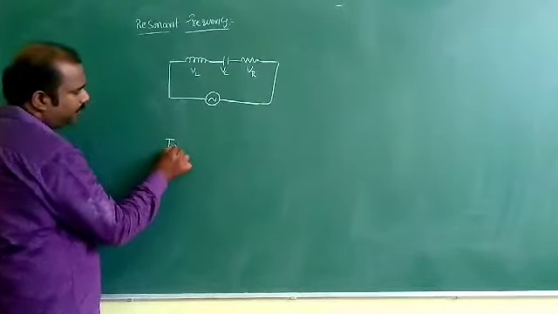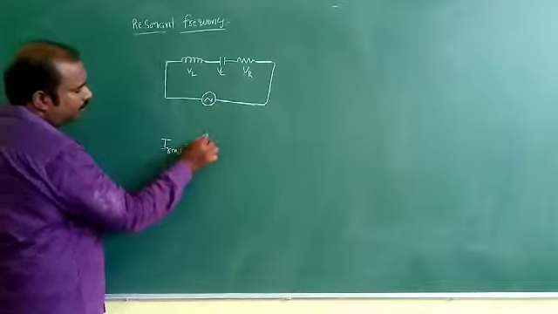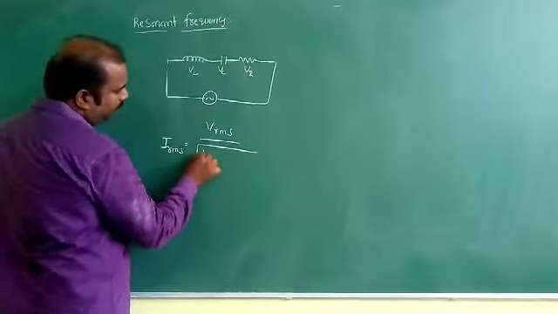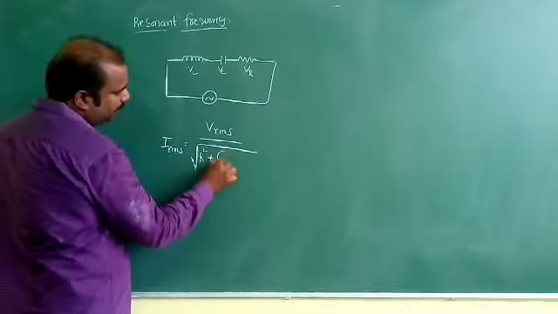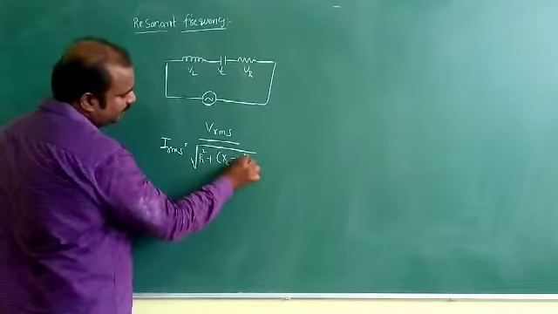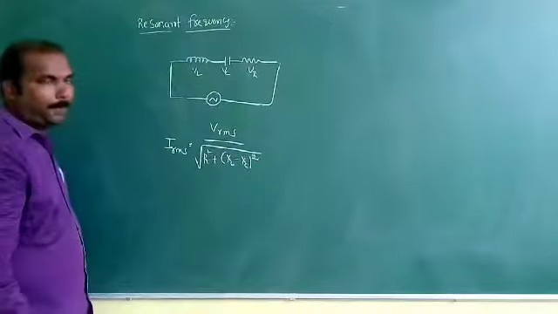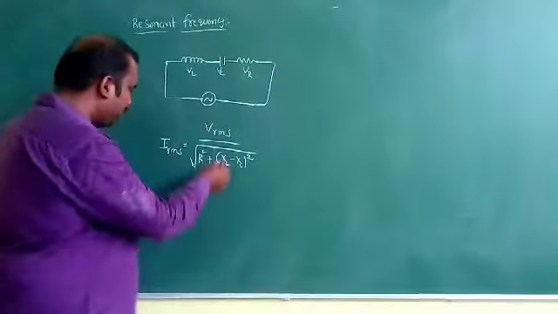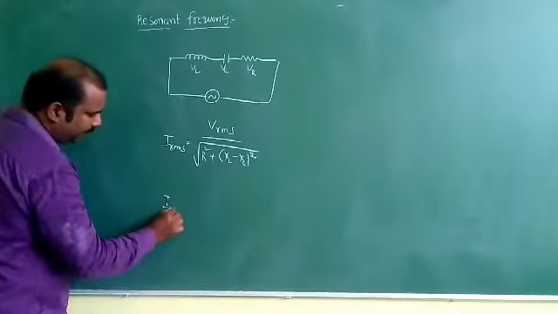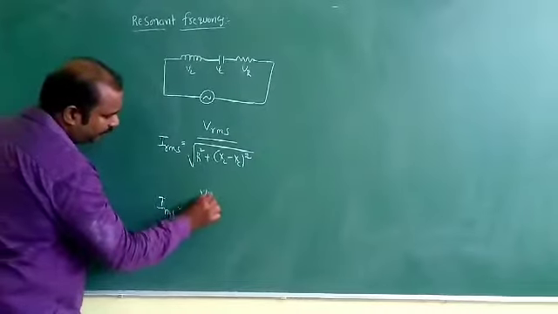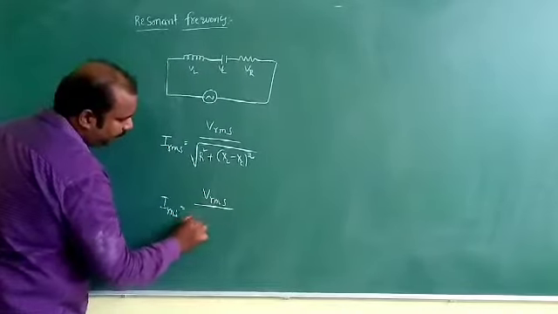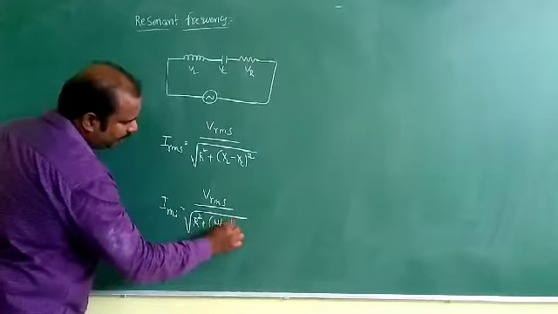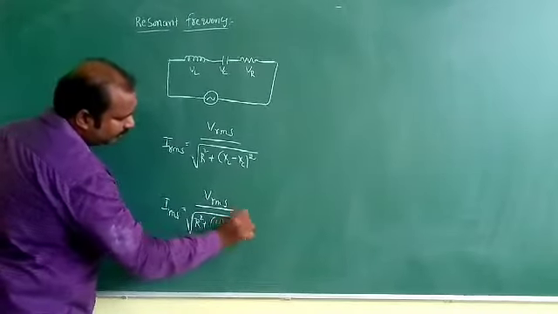Here I am writing one term: IRMS is equal to VRMS by square root of R square plus XL minus XC whole square. Or if I write it like this, IRMS is equal to VRMS by square root of R square plus omega L minus 1 by omega C whole square.